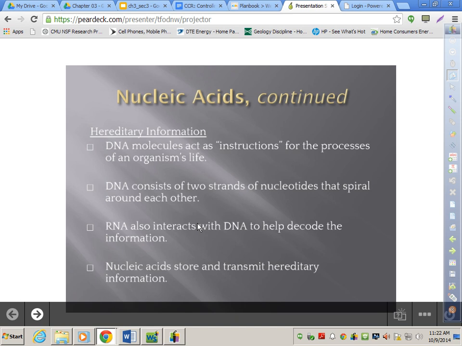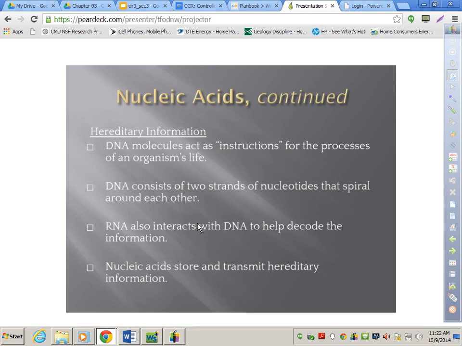So DNA carries or acts as instructions for the process of an organism's life. And when I say process, I mean it has the directions on how to make a protein. Because we all know you copy DNA onto RNA. Inside of the nucleus, we have a large biomolecule called DNA.